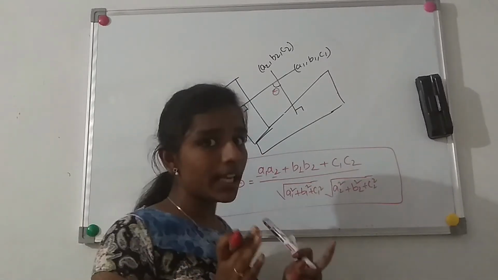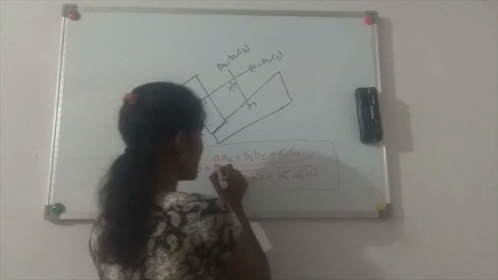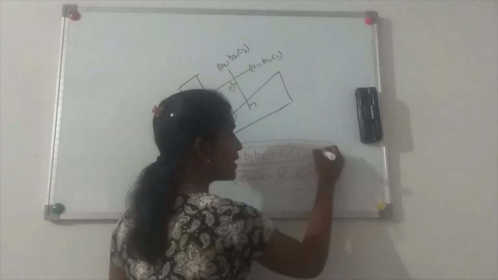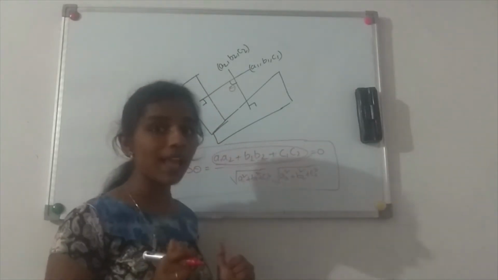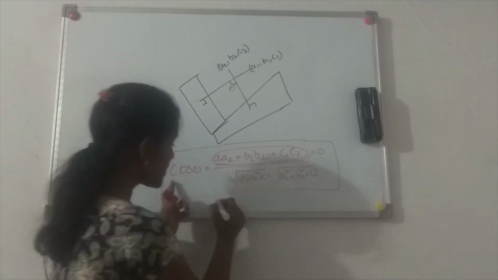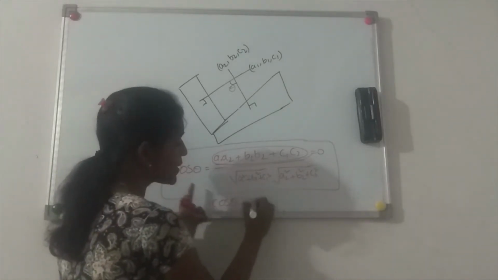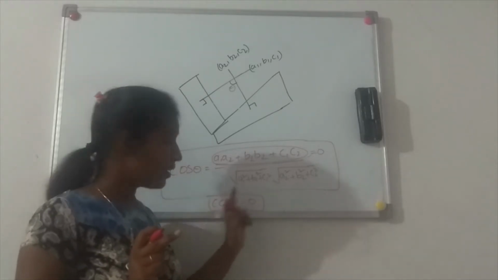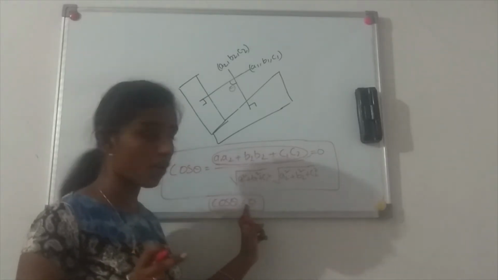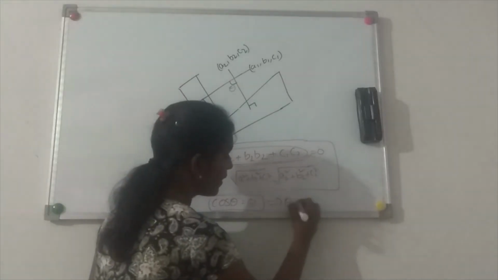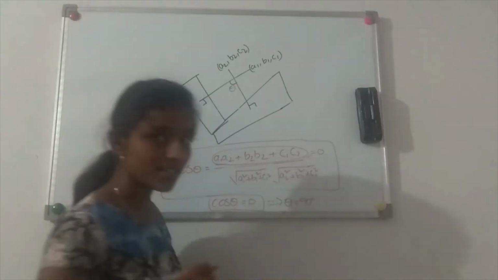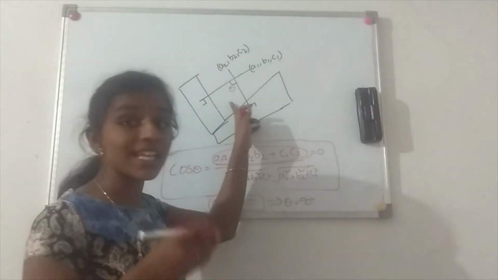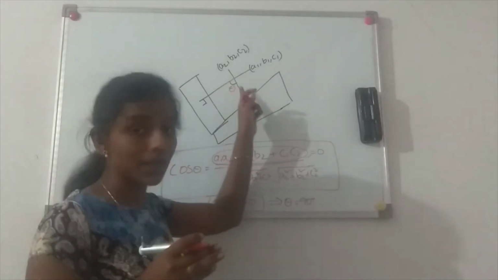Now listen very carefully. If this part is equals to 0, what will happen? This cos theta will be equals to 0. Am I right? So, what is the value of theta? If cos theta is equals to 0, theta value will be 90 degrees. That means perpendicular. Theta is 90 degrees. That means the normals are perpendicular.